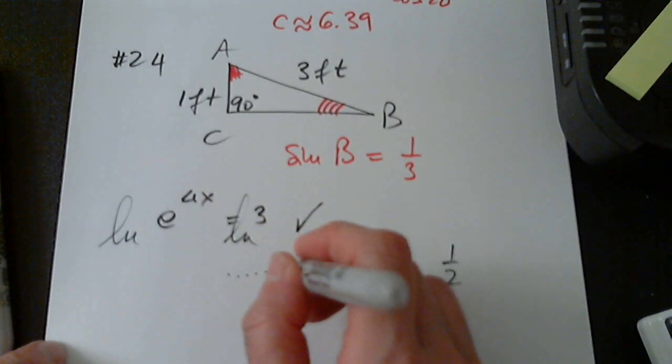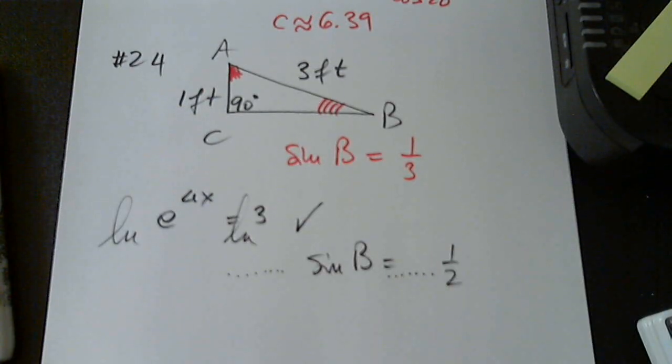What do I need to apply to both sides in order to determine angle B? You're on the right track. Would it be cosecant? Careful. Is it arcsine? Exactly.